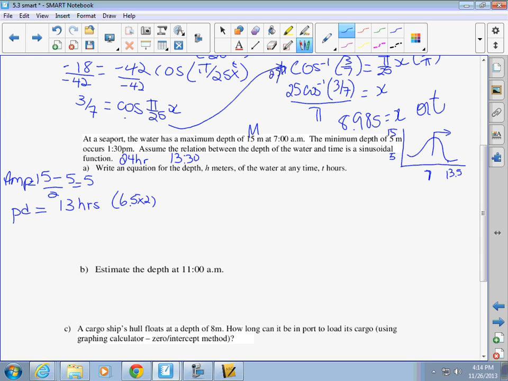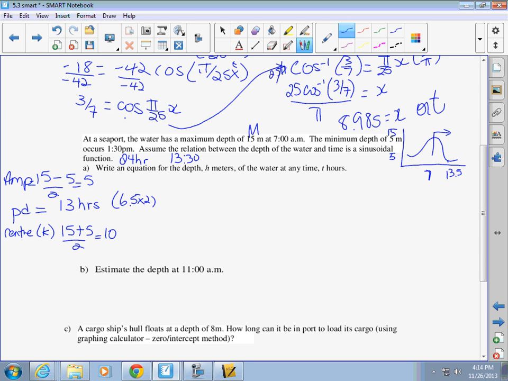Our center line, or that displacement, which we call the k value, is when we do the maximum plus the minimum and divide it by 2, so that's 10. So we know that's where our vertical displacement is going to take place.